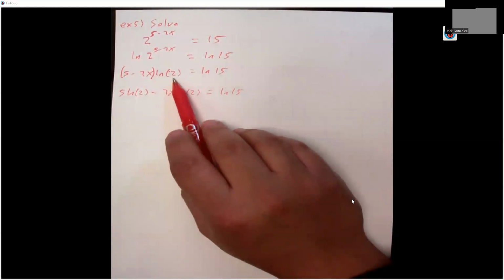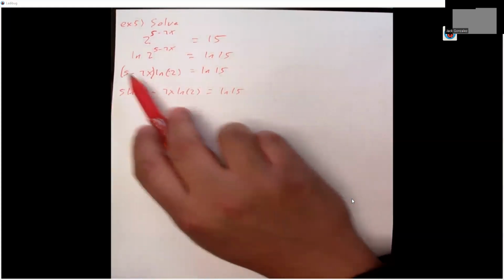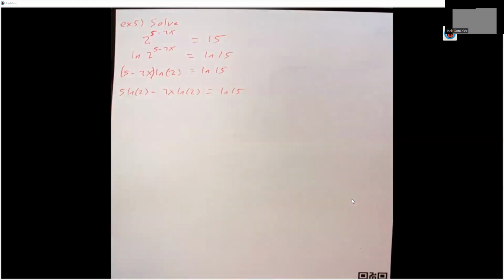Remember, this is just some number that nobody cares about. So this number times these two things. So multiply and distribute. That makes sense?